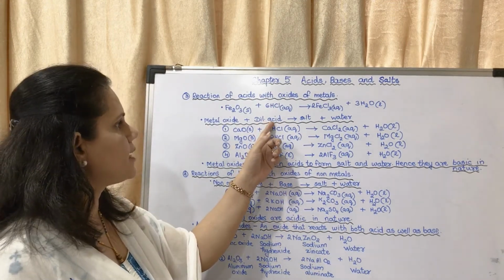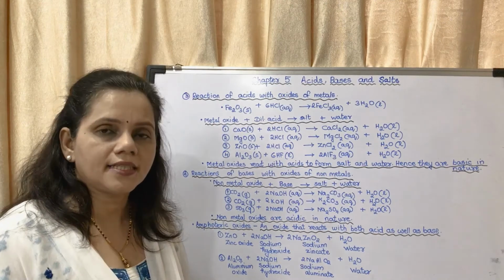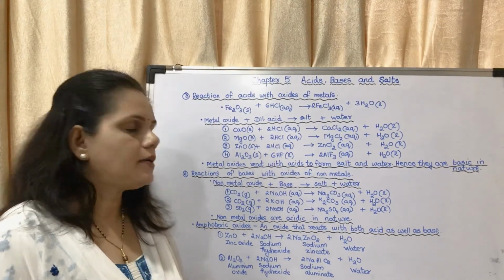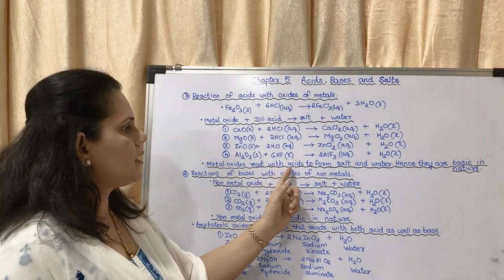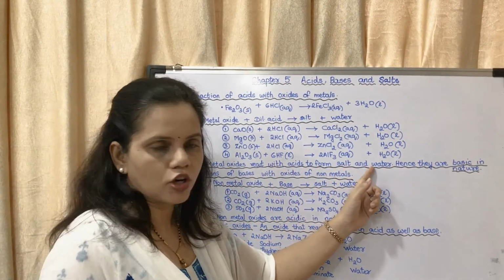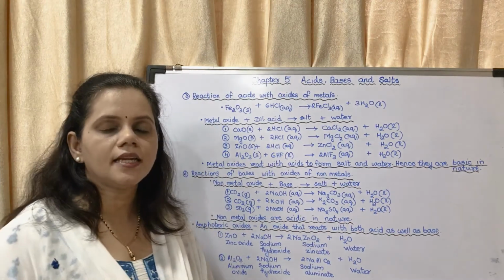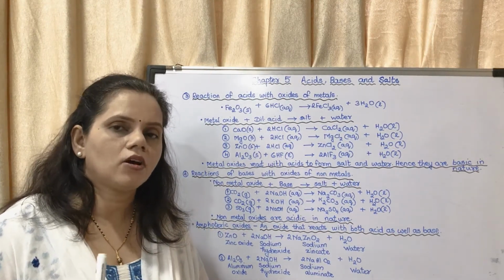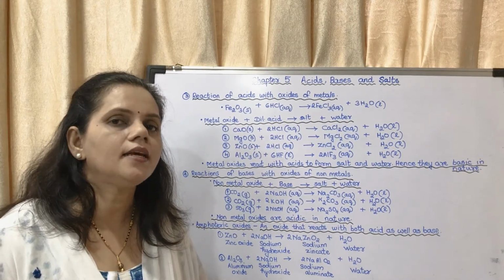So if this is an acid, this should be acting as a base. It should be basic in nature. That means the metal oxides react with acids to form salt and water, hence they are basic in nature. You should remember this sentence: metal oxides are basic in nature.